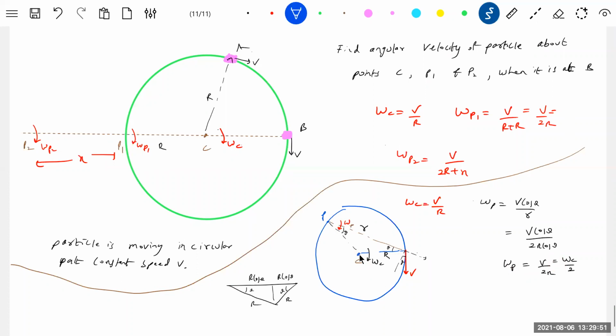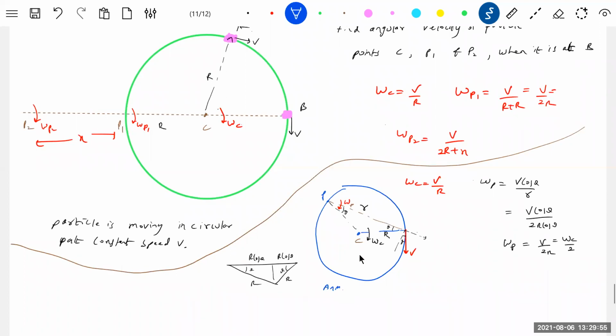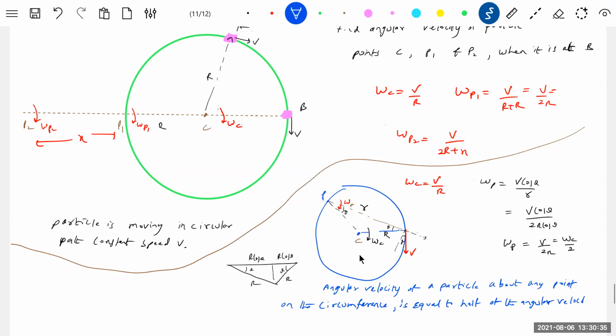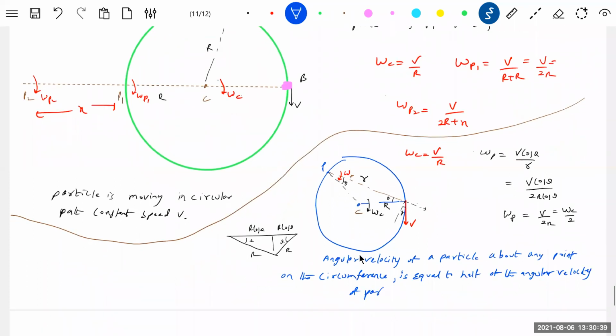So there is one golden statement: the angular velocity of a particle about any point on the circumference is equal to half of the angular velocity of the particle about the center of the circle. About any point means wherever the point may be. This last conclusion is a very generalized one.